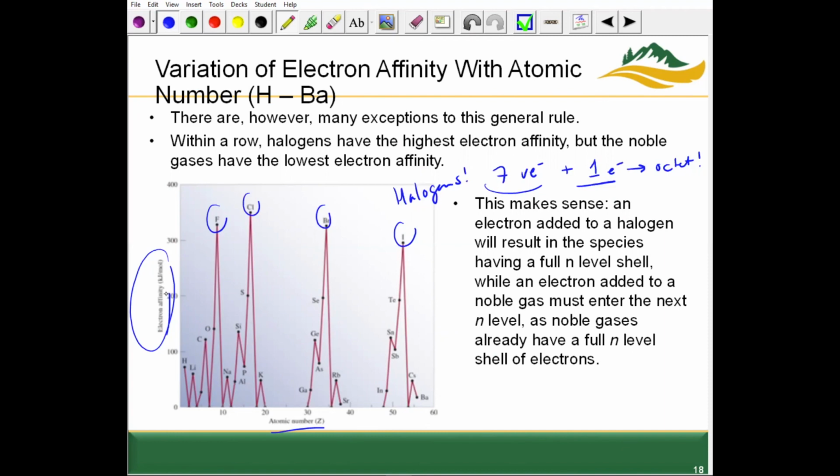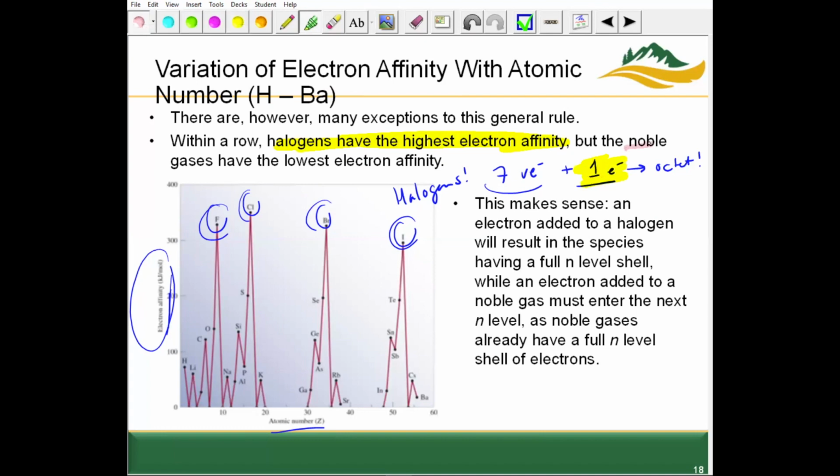Still, when a halogen accepts an electron, there is a release of energy. Here, we're just looking at how much they want to take on an electron. What is their electron affinity value? Very high for our halogens. They really want to take on another electron.